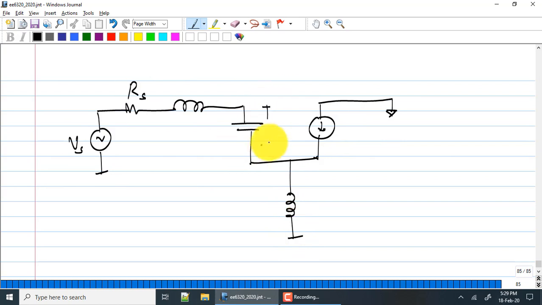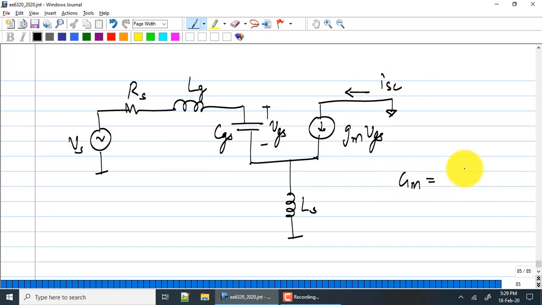We'll only have VGS. So this is CGS, LG, LS. Of course, GM is basically ISC by VS. This is what we want to find out.